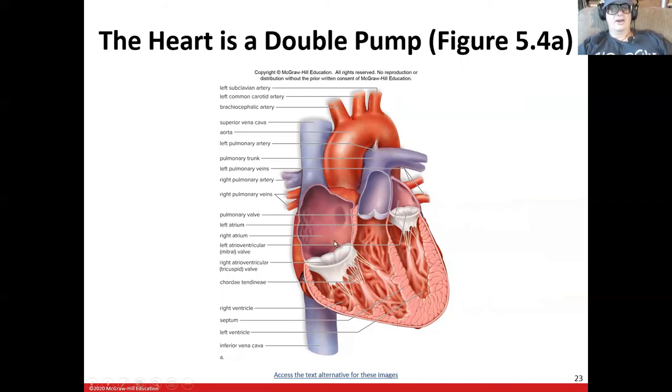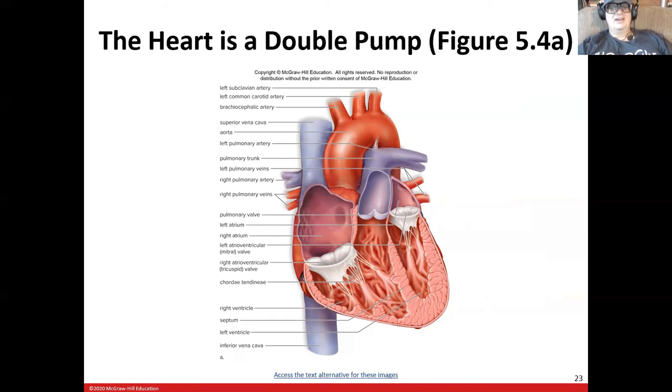So here we got our right atria. You see the auricles have been cut away in this one, but we have blood coming from 3 different places. Blood coming from above, that's going to be superior vena cava. Blood coming from below, that's inferior vena cava.